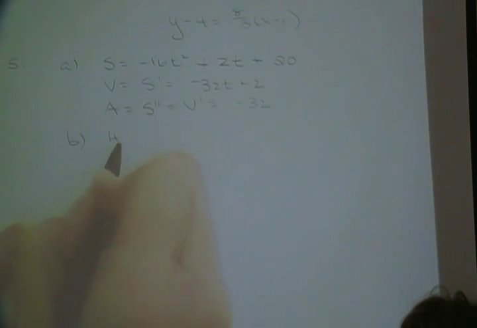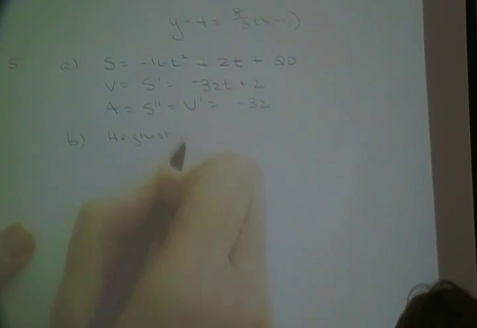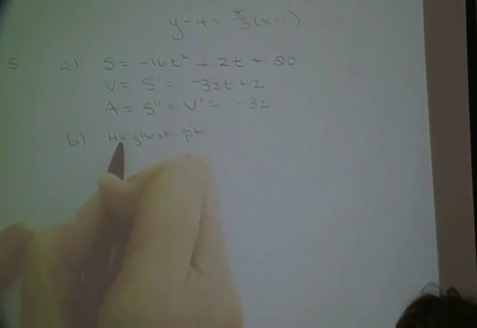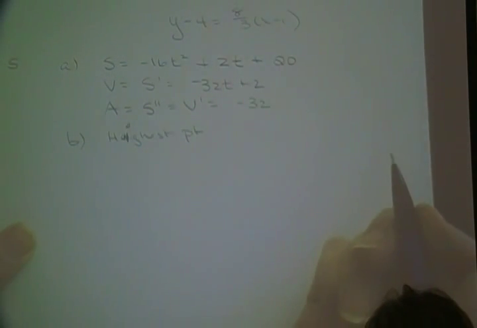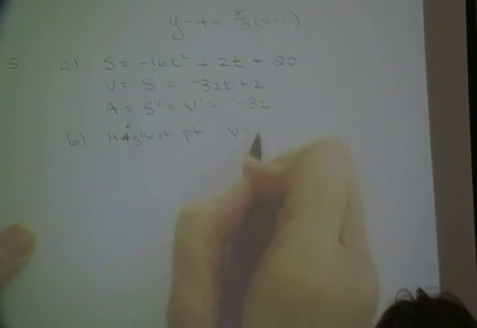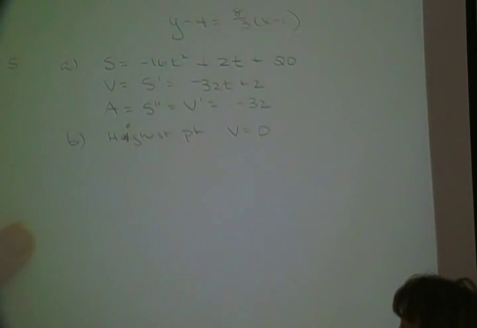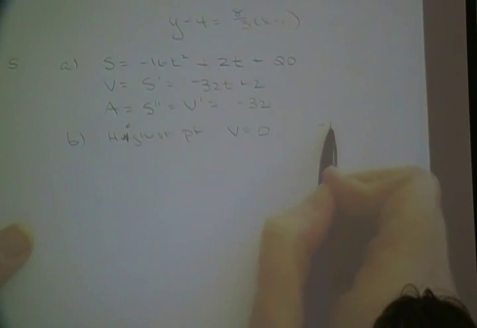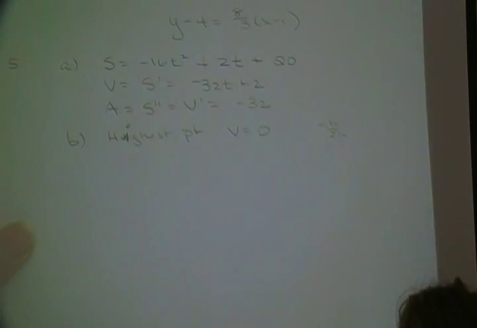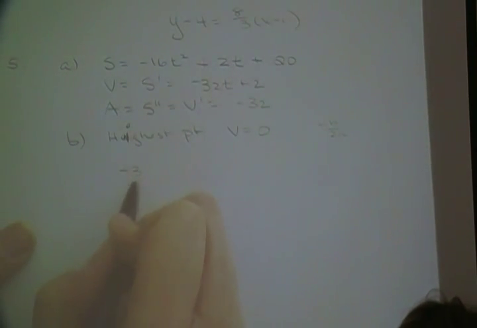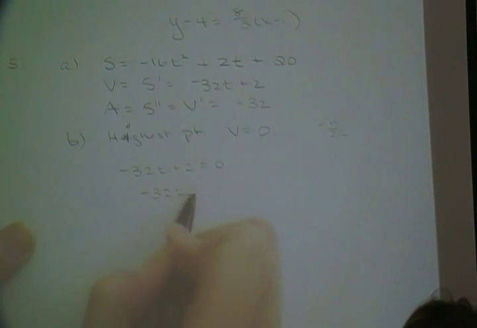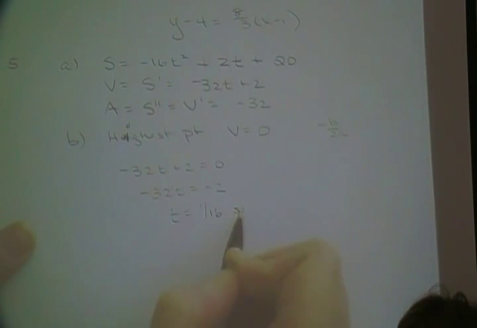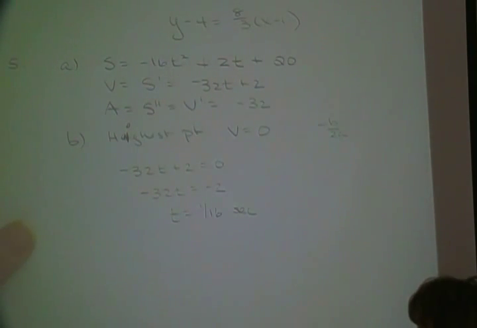Highest point is when velocity is 0. Or you could use -b over 2a if you prefer. So -32t plus 2 is 0, -32t is -2. In 1/16 of a second, he reaches his highest point.